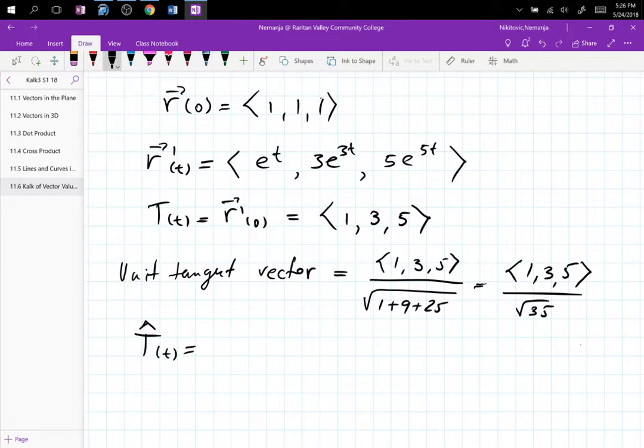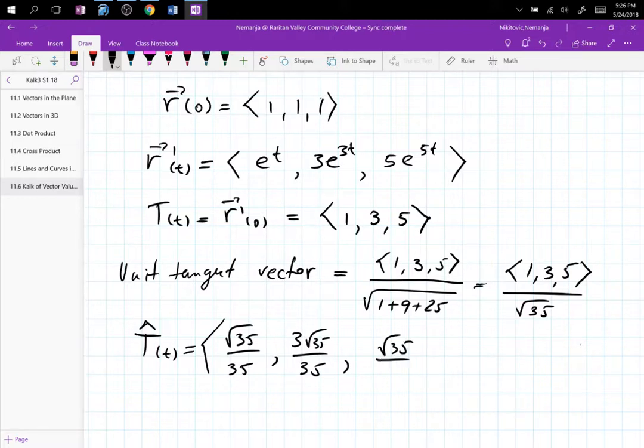Rationalizing, we get root 35 over 35, then 3 root 35 over 35, and finally root 35 over 7.